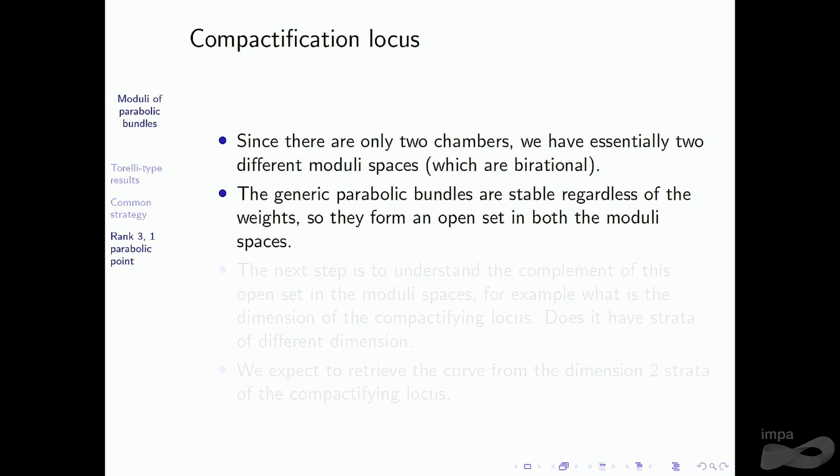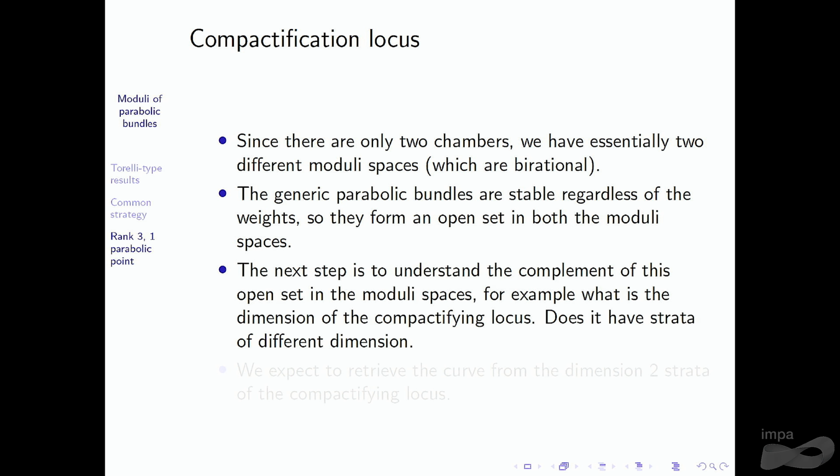That is what we need to understand. This is work in progress right now, and I'm not going to say too much about it, especially because I'm running out of time. But essentially, we want to understand that this does have the generic locus, yes, but it also has something more.